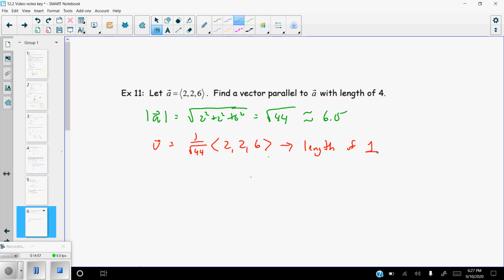Well, if now I have a vector which has a length of 1, how am I going to make it a length of 4? That should hopefully be pretty easy. If I want to take something of length 1 and make it any other length, I just multiply by whatever length I want.